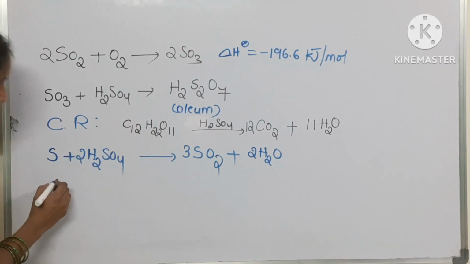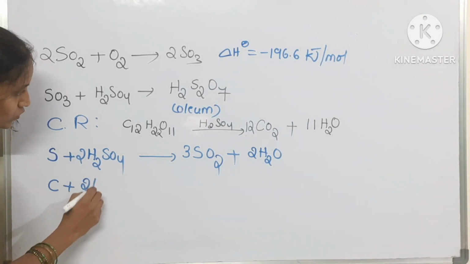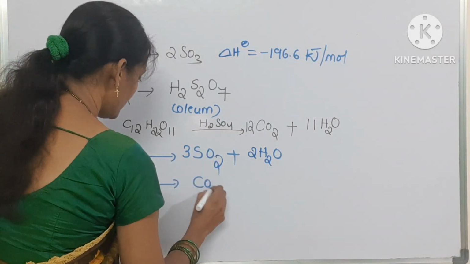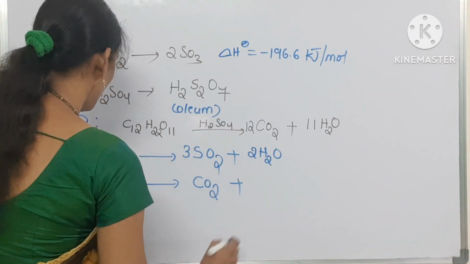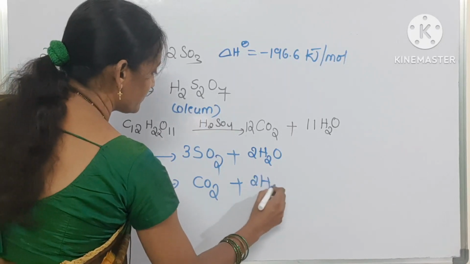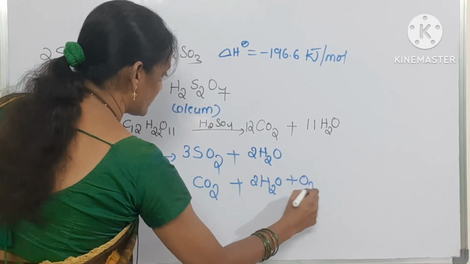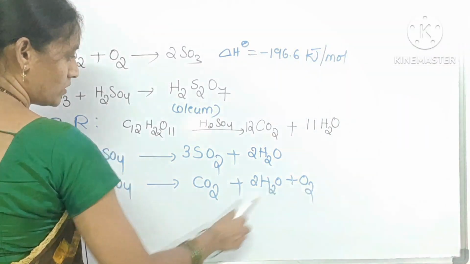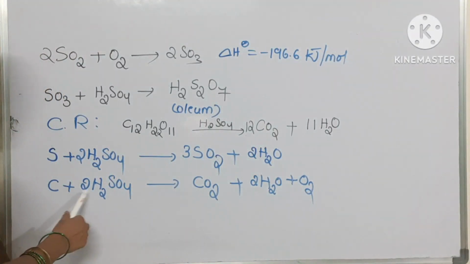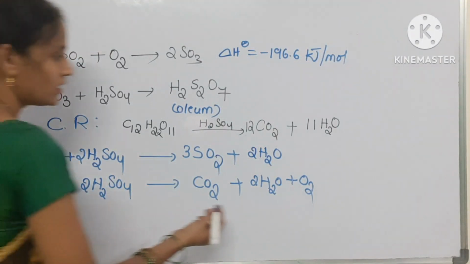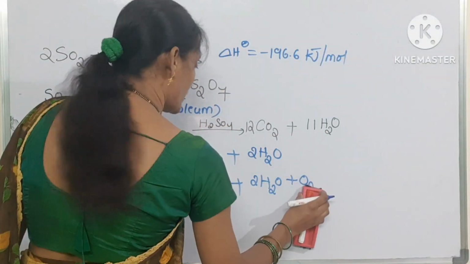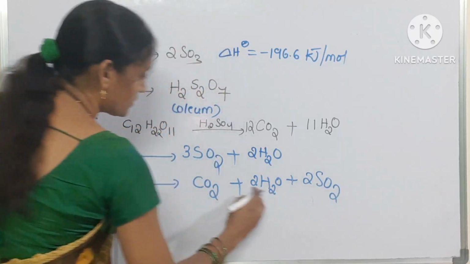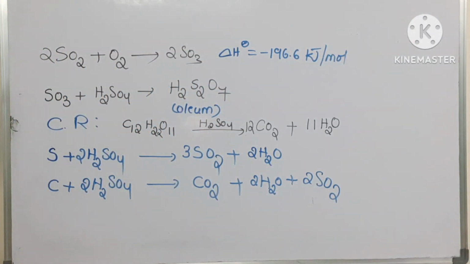It will also oxidize carbon. Here also take 2 moles of H2SO4, that will give you carbon dioxide, water and sulfur dioxide. 8 oxygens are there, so write 2 moles of SO2, then it will become balanced: 2 moles of SO2 gives 4 oxygens, plus 2 plus 2, 8 oxygens, 2 sulfur atoms, 1 carbon atom.